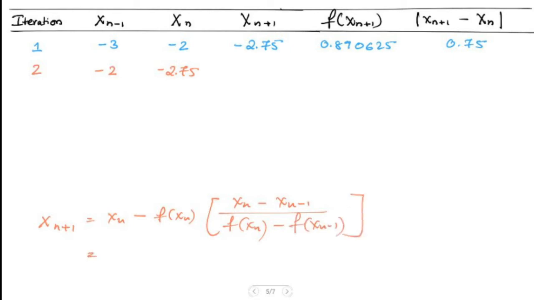So here we are working on the second iteration to find xn plus 1.